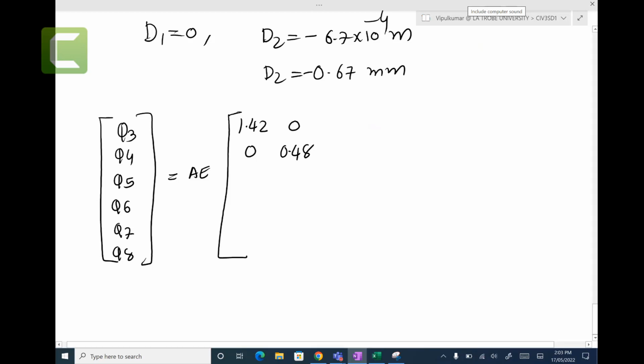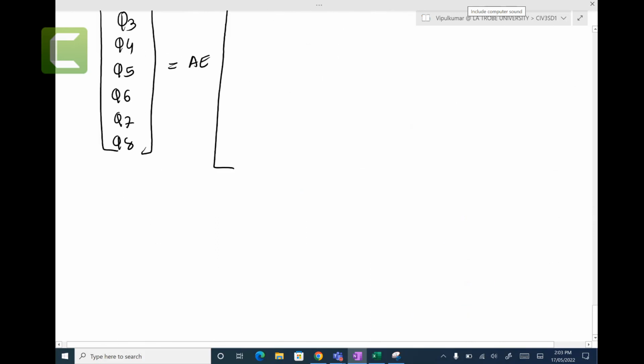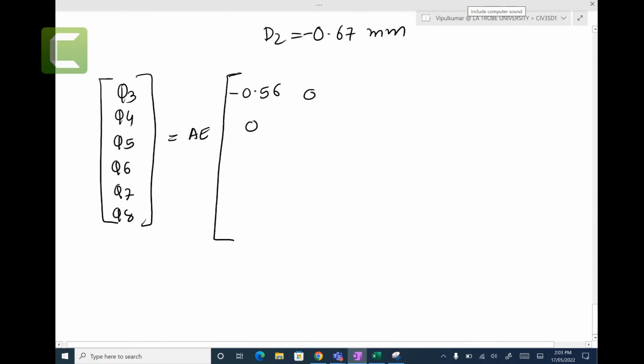We have to start from the first row, with 0.56, 0, 0, 0.